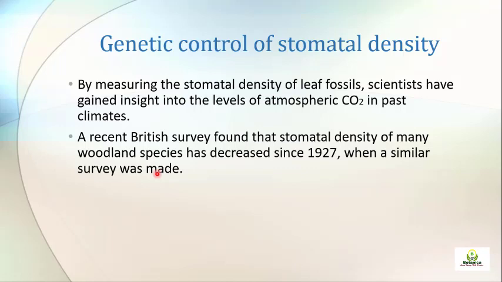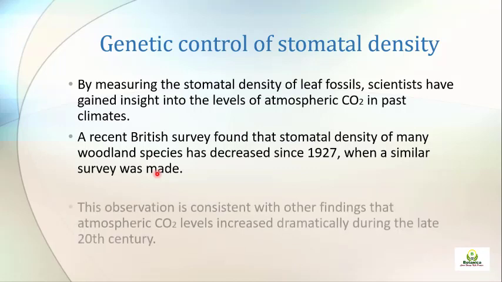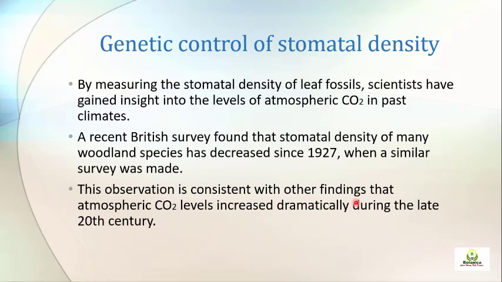They came to know that most of the species present in the mesophytic area have decreased their stomatal number since 1927, and this observation is consistent with other findings that atmospheric CO2 levels increased dramatically during the late 20th century.